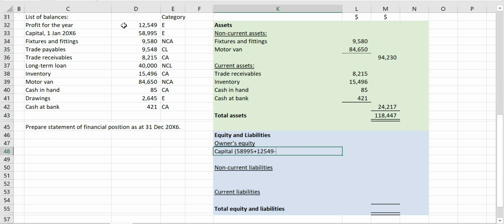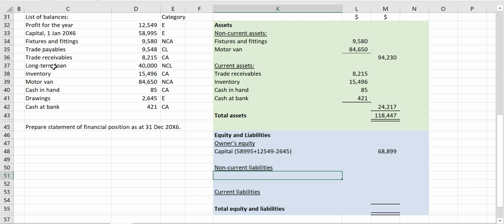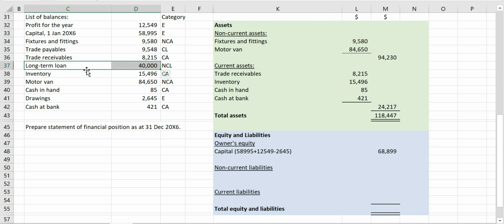And then we take away 2,645 for the drawings, because the owner took equity out of the business. The figure we can put in column M because there's only a single figure, there's no subtotal to talk about. So 58,995 add 12,549, subtract away the drawings of 2,645, and we have 68,899.